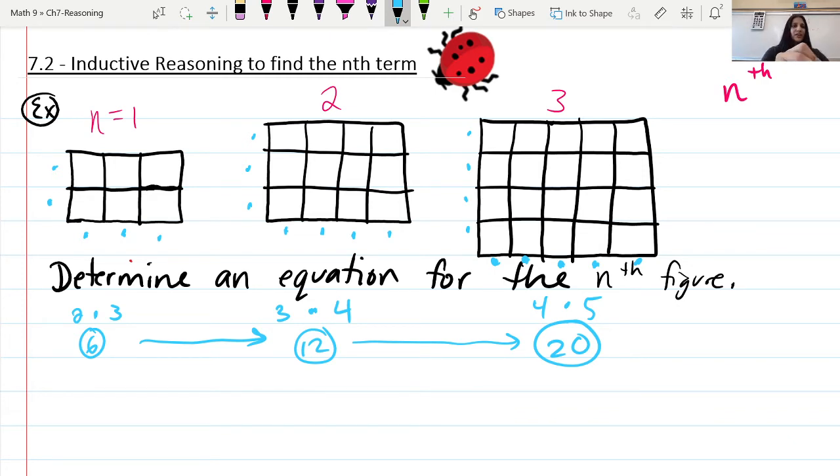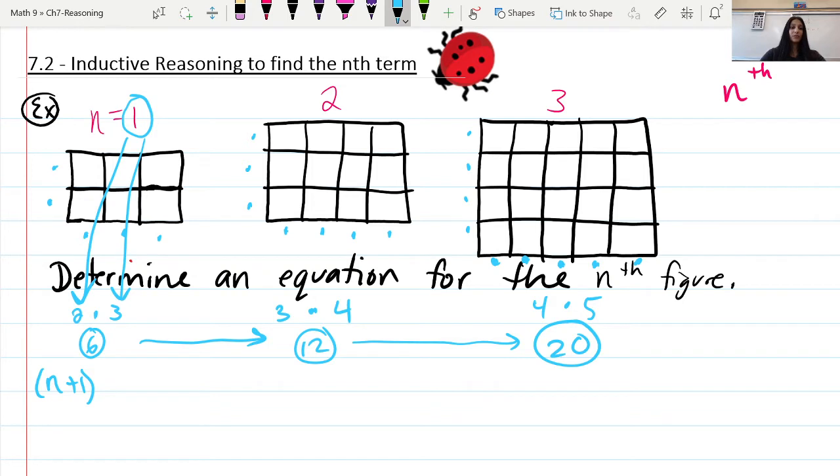In order to come up with that, if my figure number here is 1, I want to think of it in terms of its relationship to the figure number. So for this first one, my figure number is 1, but the first number I'm multiplying is 2. That would be like saying n plus 1, because my n in that case is 1.